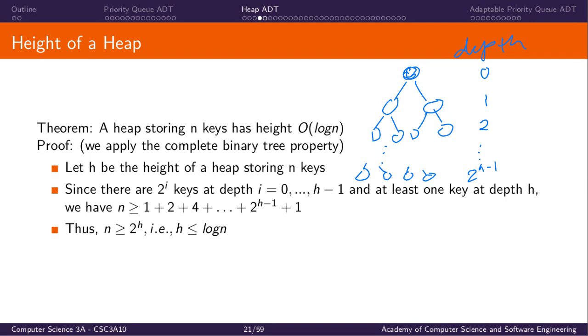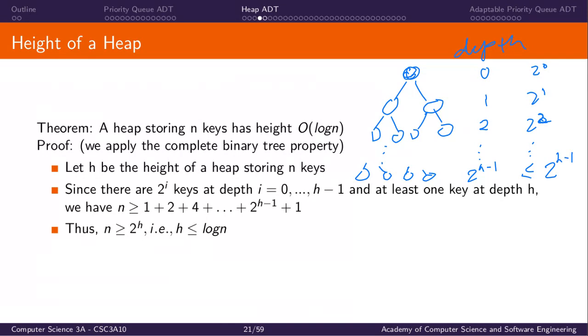And we end up with how many nodes at each level? Here in that first level, so at depth 0, we have 2 to the power 0 nodes, then 2 to the power 1, then 2 to the power 2. Then at the last one, something less than or equal to 2 to the power h minus 1, right? Because that one doesn't have to be full, doesn't have to have the maximum amount of nodes.